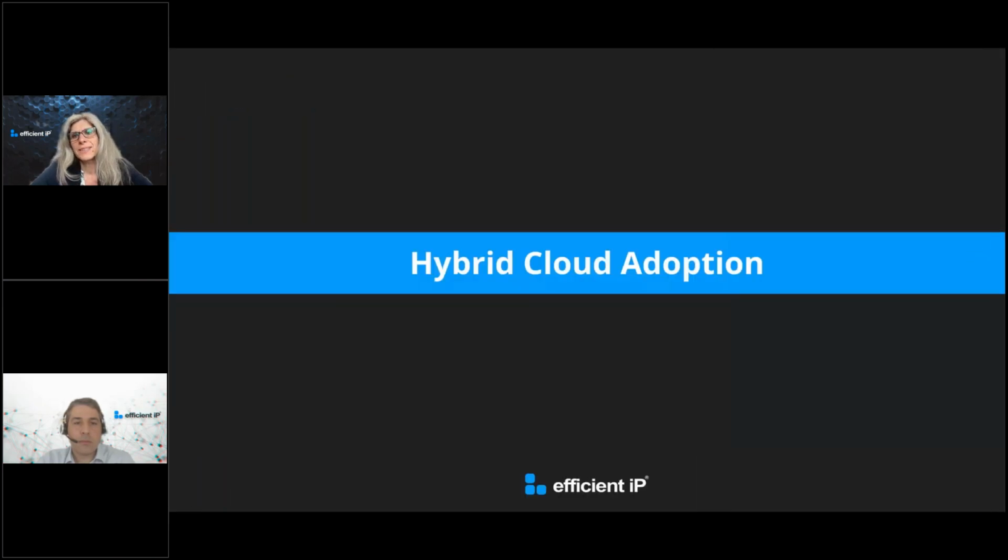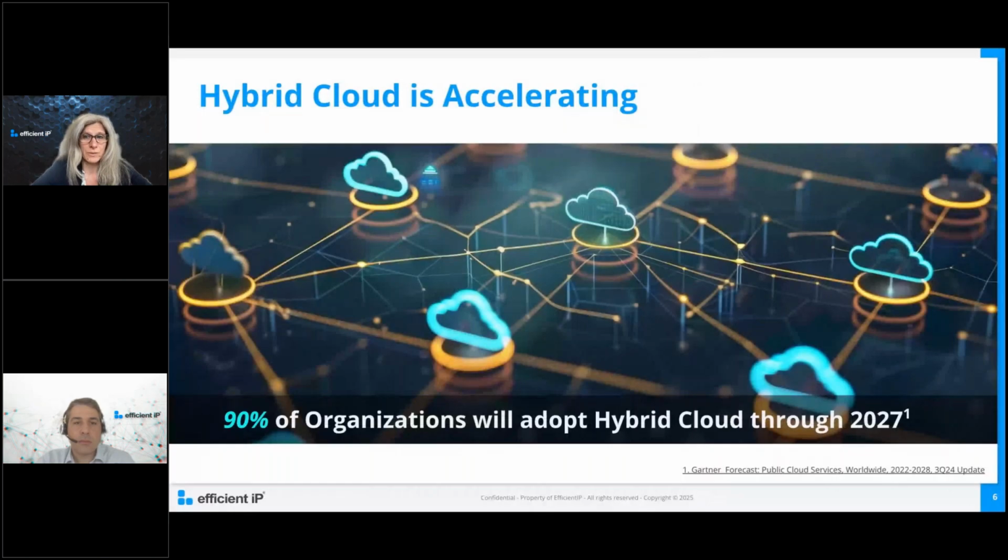Here is an interesting prediction from Gartner that captures the momentum behind hybrid cloud. 90% of organizations will adopt hybrid cloud through 2027. It's true that applications are no longer confined to a single data center or network. They are distributed across fragmented networks, on-premises, private cloud, public cloud.